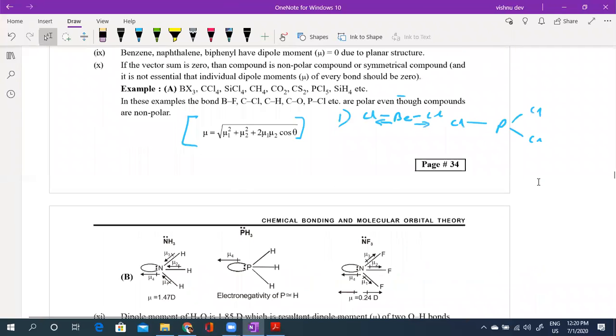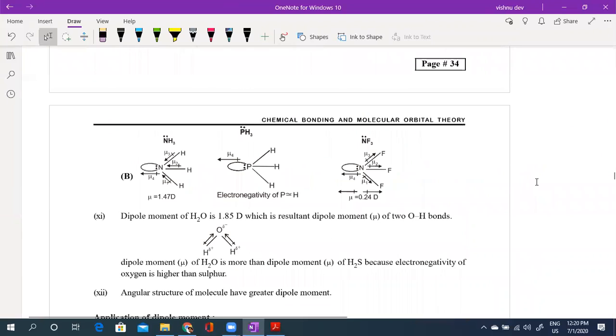Now, the dipole moment of a lone pair is always away from the central atom. So when you talk about NH3 and NF3, we have already discussed these. In NH3, the dipole moment is additive, because it is from H to N, so the net dipole moment would be more.